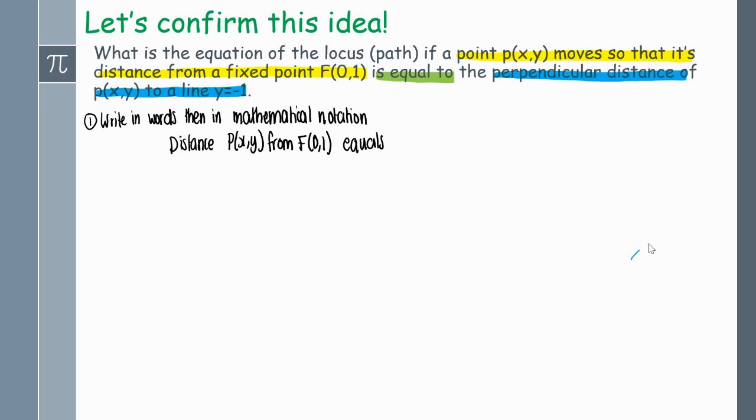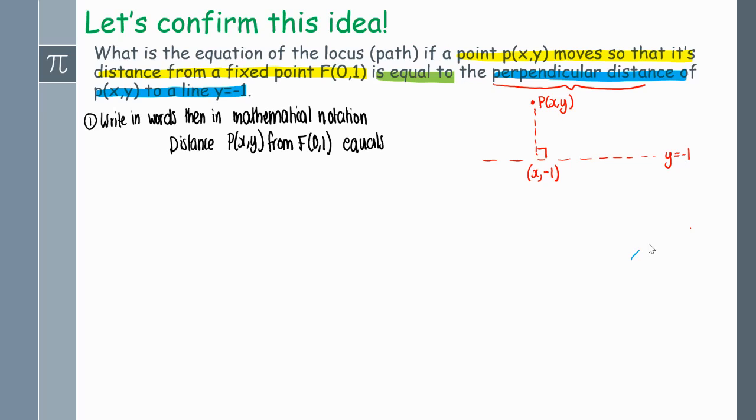This one we just have to have a think about: what is the perpendicular distance of P to y equals -1? We're going to draw out my point, and then draw out the line y equals -1. Now we're looking for this perpendicular distance from P straight down to that line. Notice if I draw a line straight down from P, my x-coordinate should still stay the same when it reaches y equals -1.